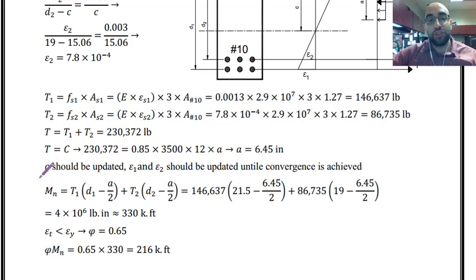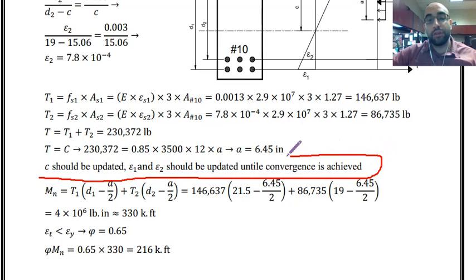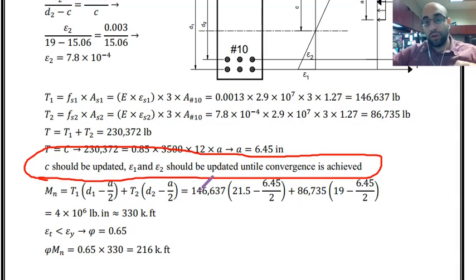But as I mentioned over here, if I want to be very accurate and find the very actual strength of the section, I have to update C, and by updating C, I have to update these strain values. Once these strain values are updated, I have to update the tension forces and then compare these tension forces with these that I have from the previous try and see if the difference is high or they are converging.